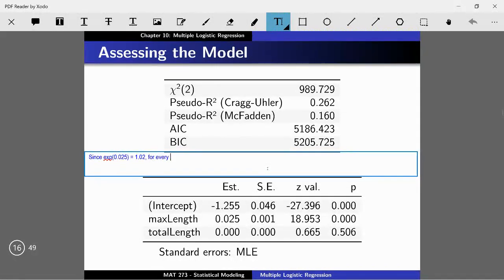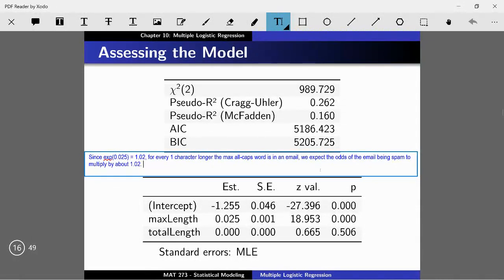for every one character longer the max all caps word is in an email, we expect the odds of the email being spam to multiply by about 1.02.